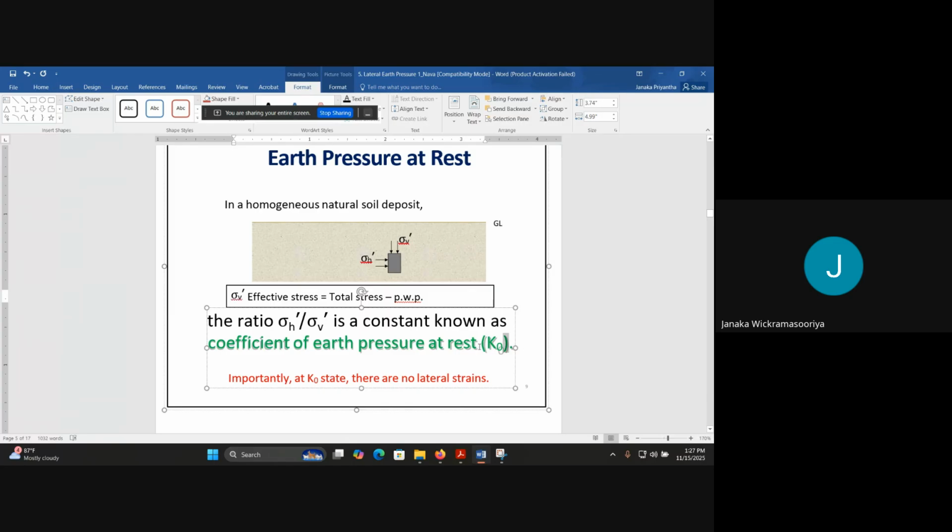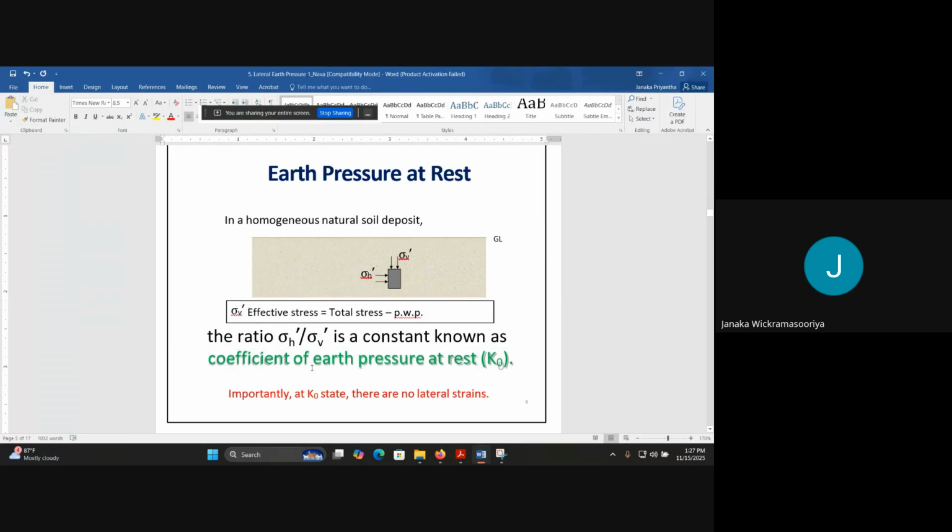That is known as the coefficient of lateral earth pressure, K naught, at rest.